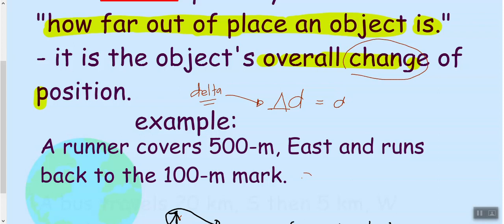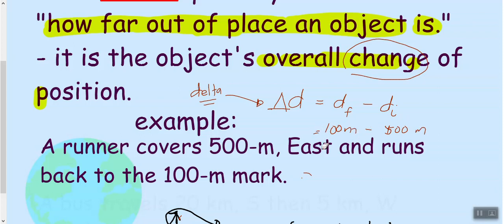So it's the difference between the final and the initial, and we're going to use the direction. In this case, the initial is 500 meters, and then the final is the 100 meter mark. So 500 meters.